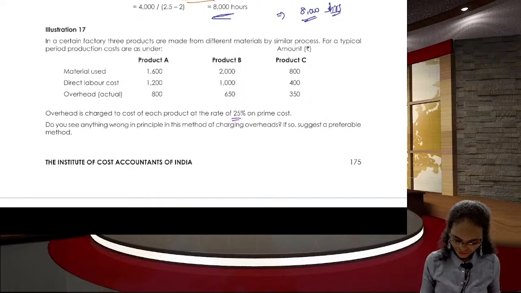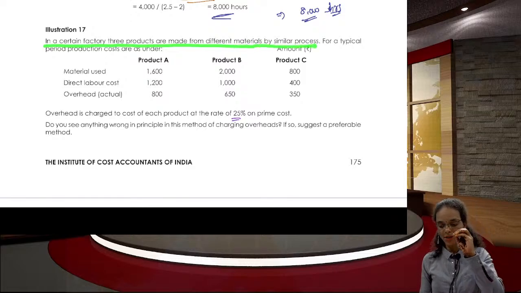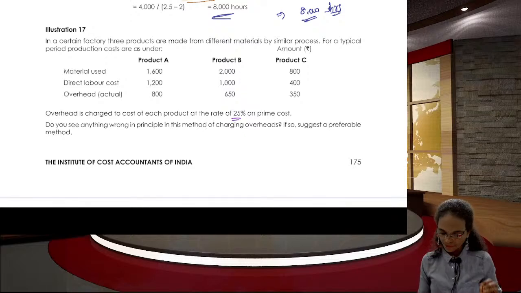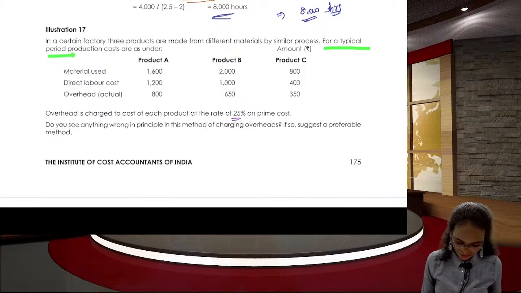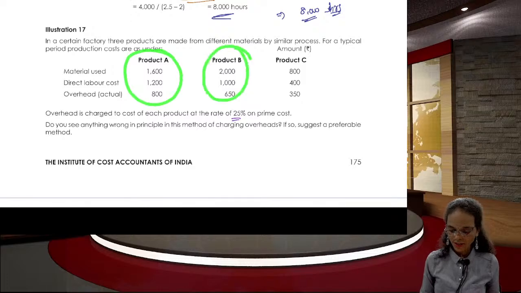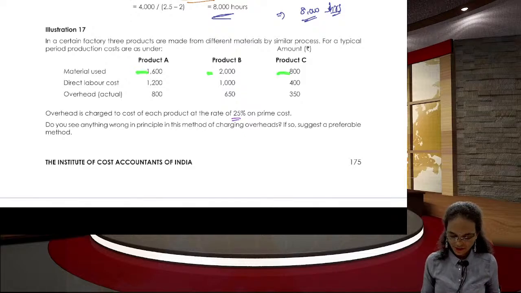Next problem. In a certain factory, 3 products are made from different materials by a similar process. The process is the same, but the material is different. For a typical period, production costs are as under: production A, production B, production C. The cost is given for material, direct labor, and overheads.